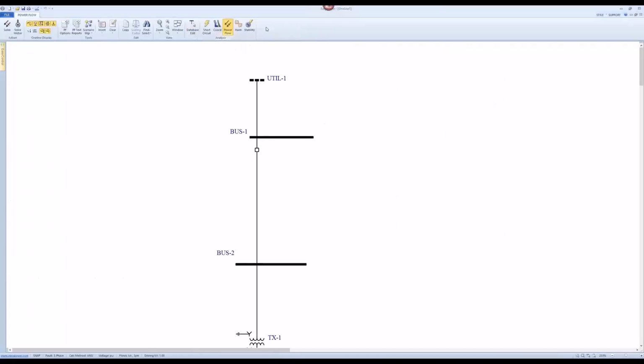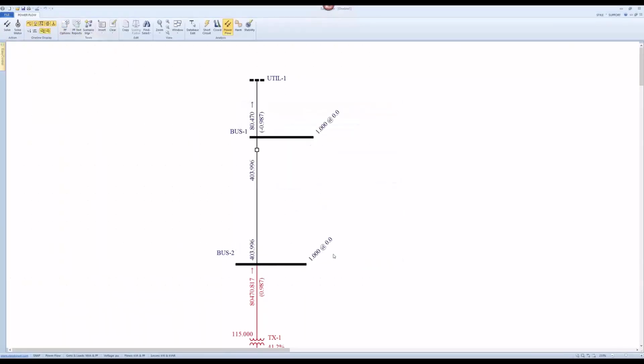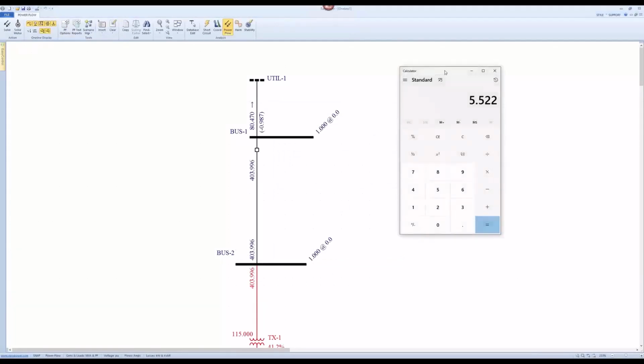And what's my loading current? I load. I'll go to power flow as well. Solve it. Use my power flow option to show the branch flow as current in ampere, right? So this current would become my load ampere, right? This is my fault ampere, 5.522 kA times 1,000. That will become 5522 ampere divided by my 404 loading current.